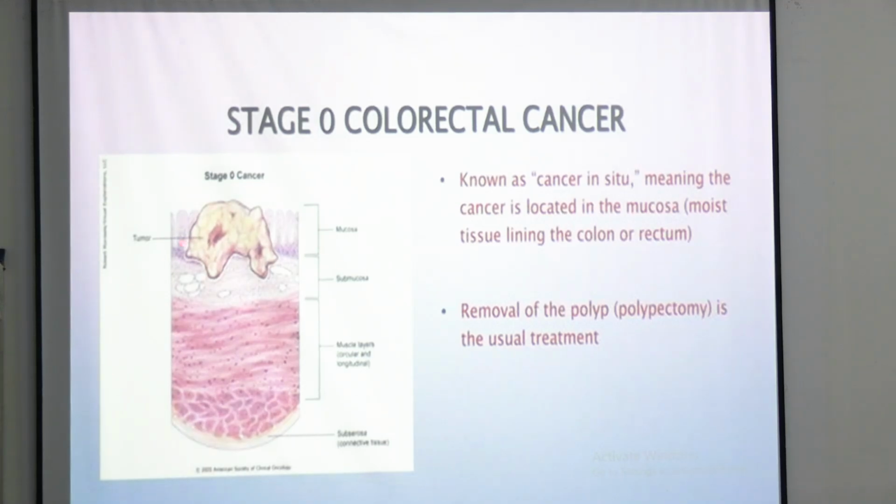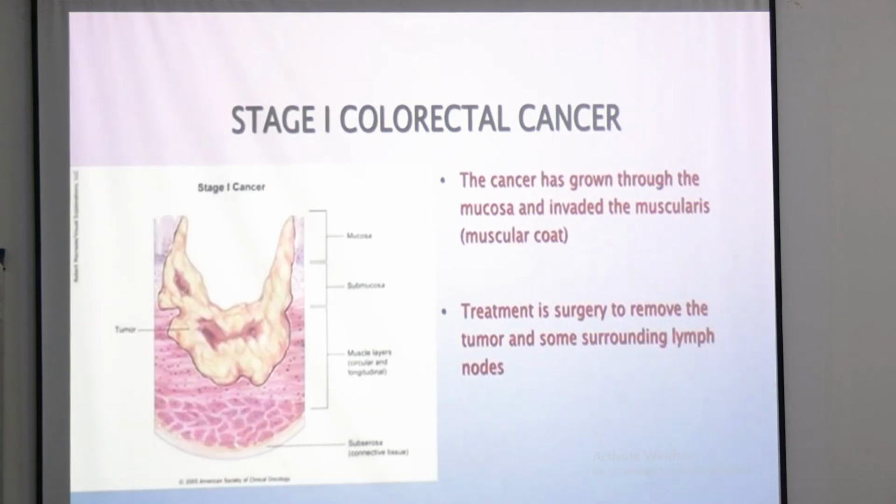Carcinoma in situ is generally diagnosed under the microscope, and if you see a polyp like this, you just remove the polyp, and if it is carcinoma in situ and the basement membrane is intact, then you don't have to do anything. You just have to remove the polyp.